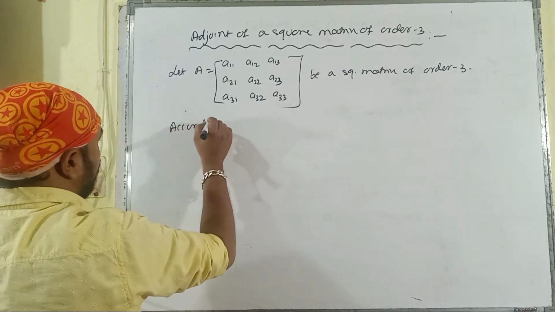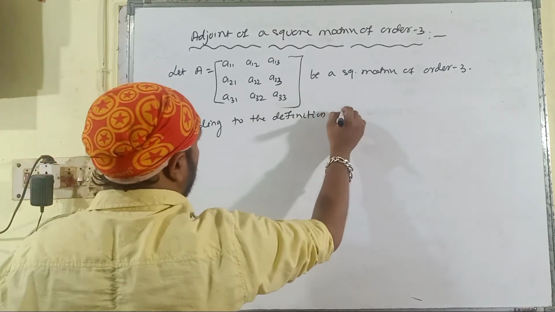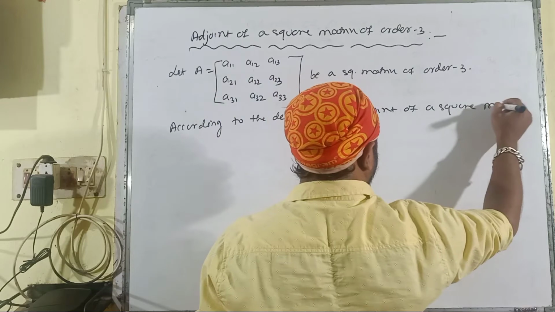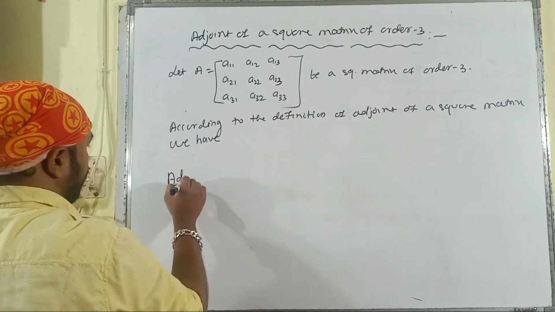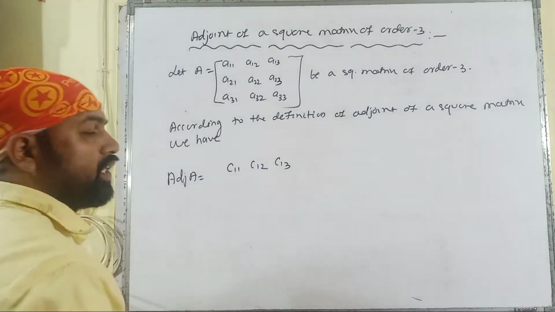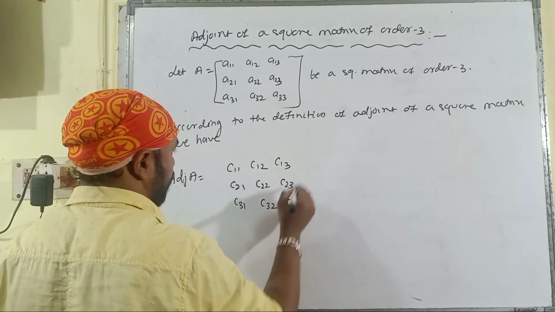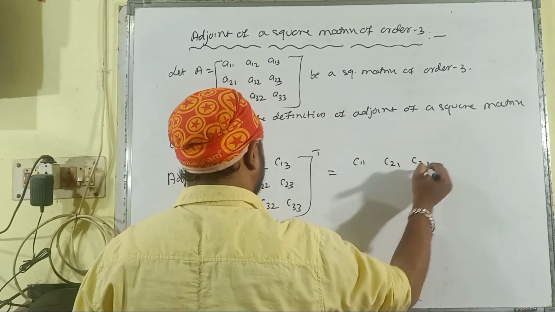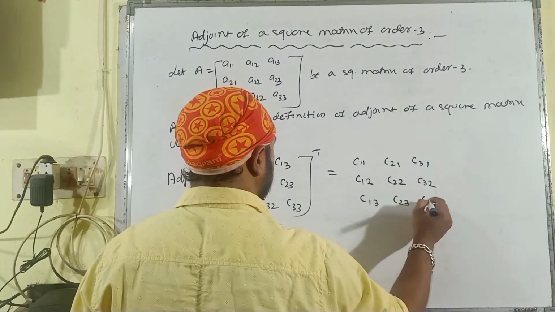According to the definition of adjoint of a square matrix, we have adjoint of A is equal to the transpose of the cofactors of each and every element present in the given matrix A. Then it will be in the form of C11, C21, C31, then C12, C22, C32, and then C13, C23, C33.